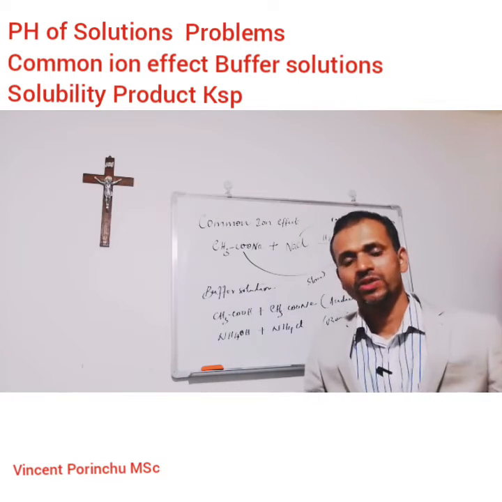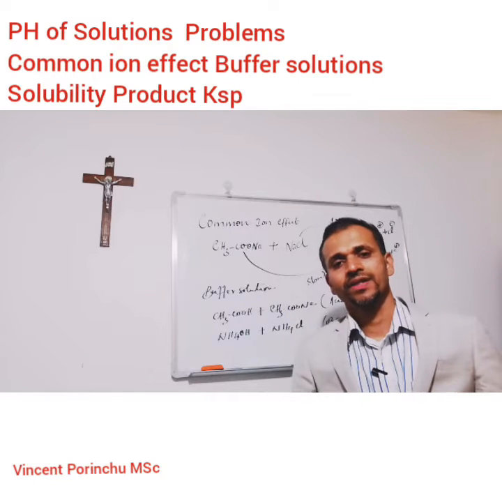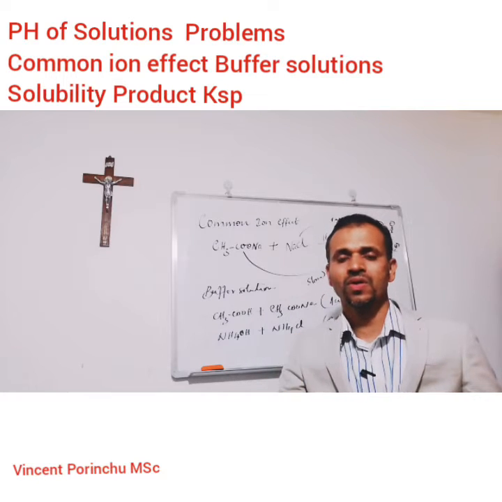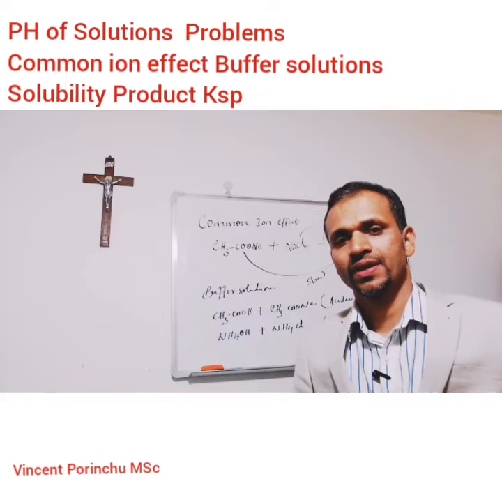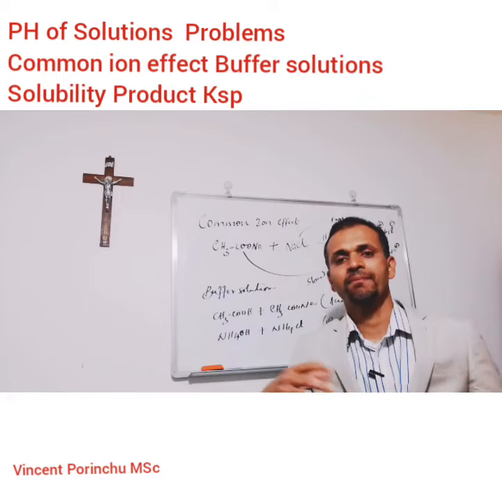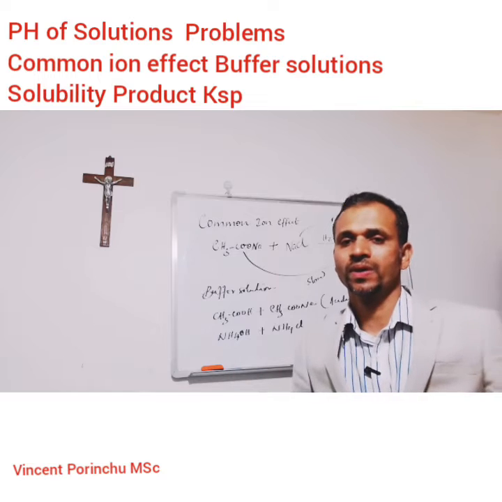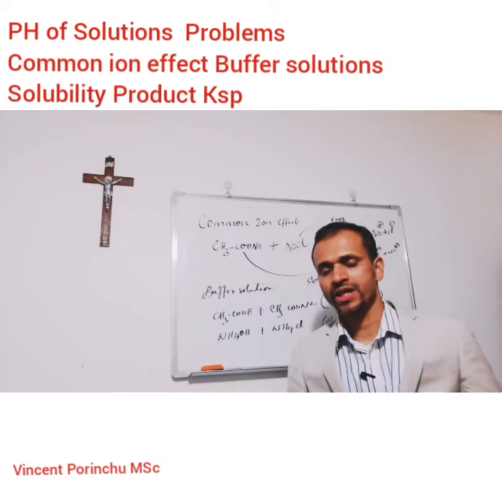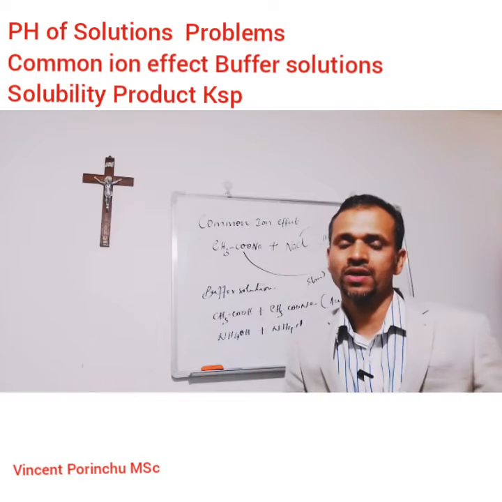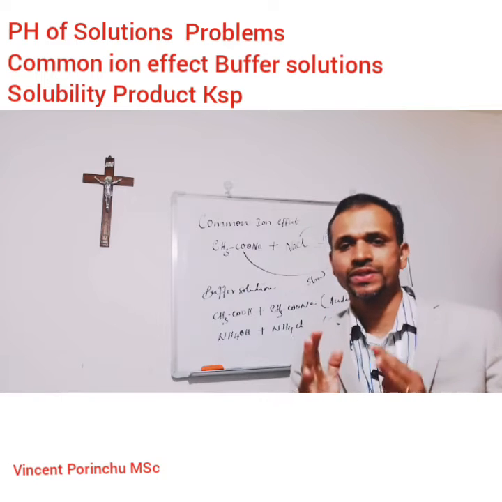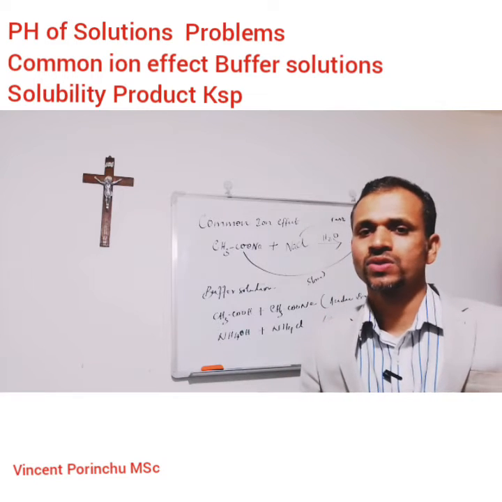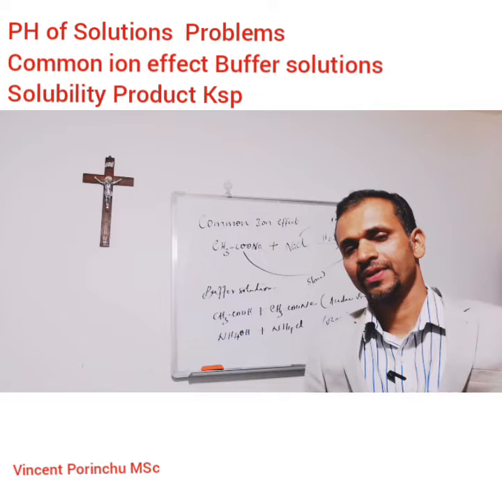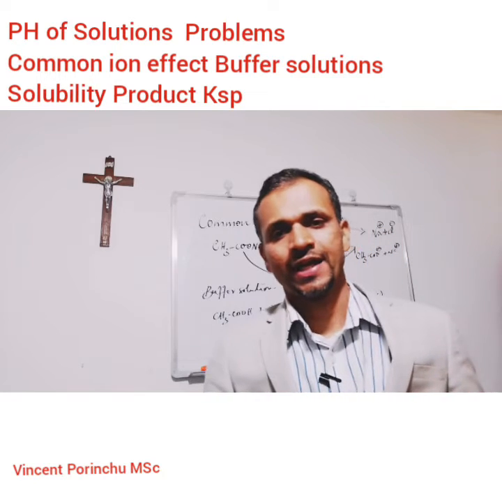A weak electrolyte means the degree of ionization of that electrolyte is very low, and strong electrolytes can completely ionize into their corresponding ions. In the case of sodium acetate, the degree of ionization can be reduced or suppressed by adding sodium chloride. This phenomenon is known as the common ion effect.